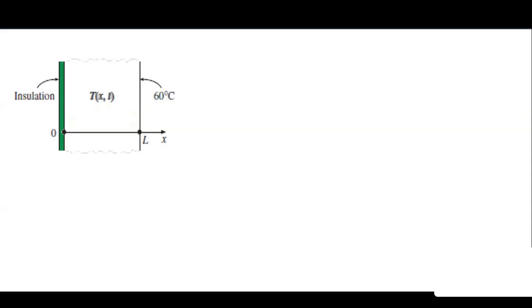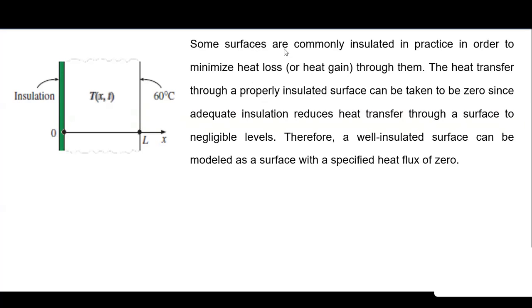Now, this specified heat flux boundary condition has two special cases. One is the insulated boundary. Let us try to understand the meaning of an insulated boundary. Suppose at x equal to 0, there is some insulation applied to this surface. What is the meaning of this insulation? Some surfaces are commonly insulated in practice in order to minimize the heat loss or heat gain through them.